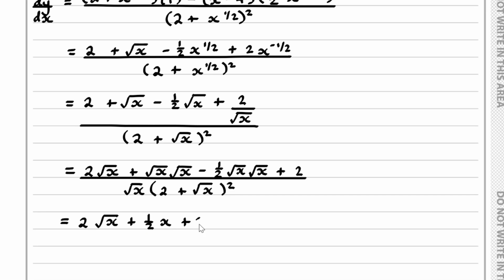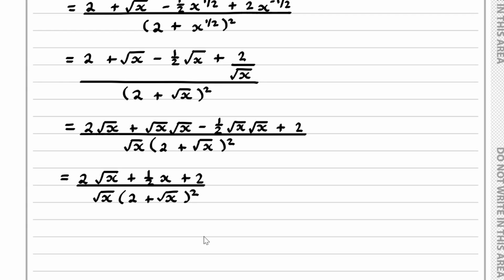And then I'm adding on 2. And on the bottom, we've got root x, lots of 2 plus square root x squared.